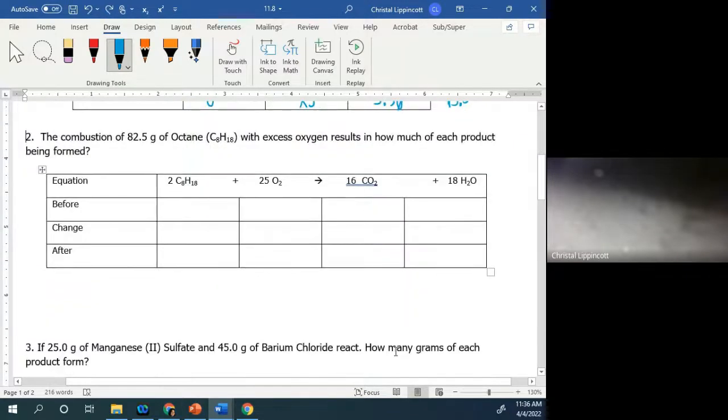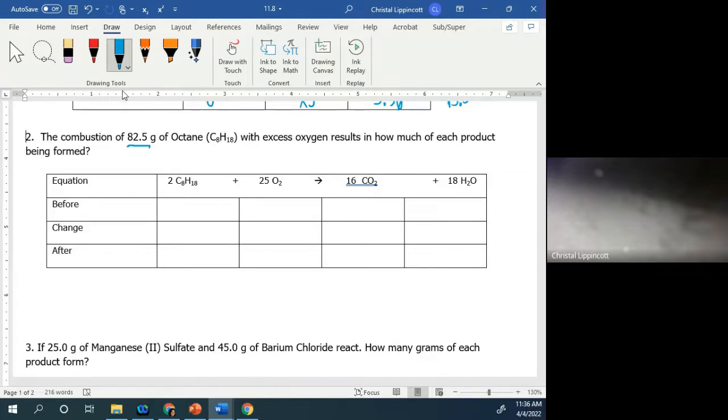All right, the next one here, they've given us grams. Can I put grams in this table? No, I can only put moles in the table. So I need to take this value and I need to divide by the molar mass. So I've got 8 times 12. 8 times 12 is 96 plus 18 hydrogens.